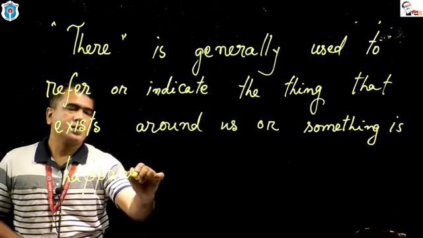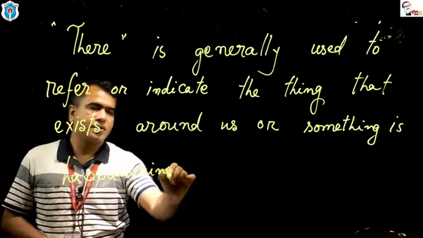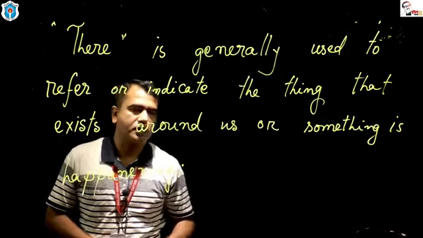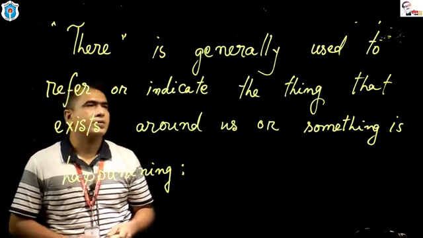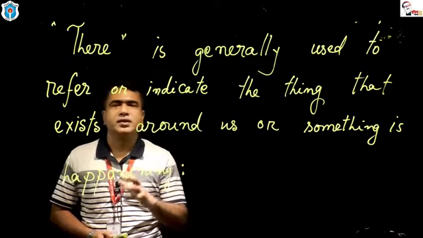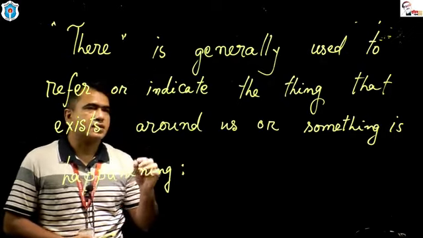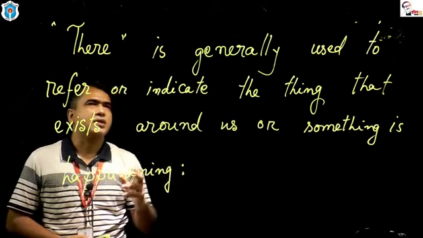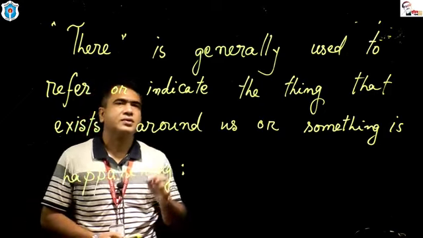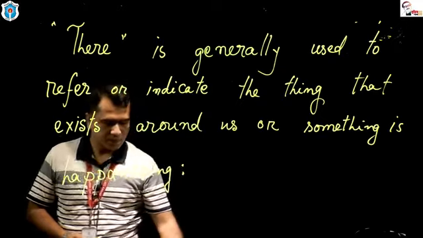So, there is particularly used to refer to, indicate or identify the thing that exists around us. That means আমাদের চারপাশে যে বস্তুগুলো আছে বা ঘটতেছে, we can use there to refer to it or to indicate it.